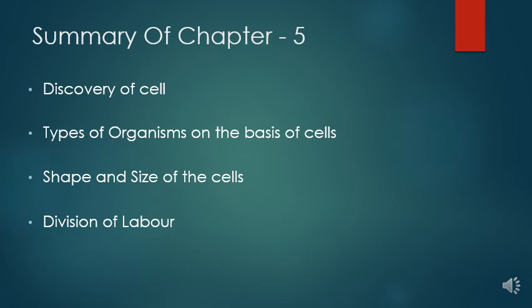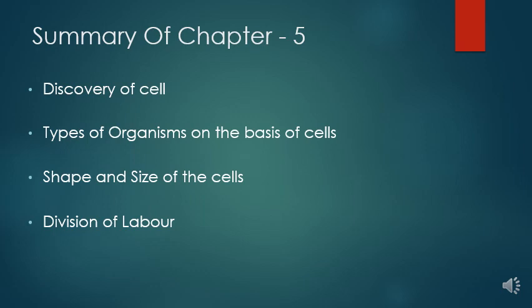We also discussed the types of organisms on the basis of the number of cells, like unicellular organisms and multicellular organisms. The unicellular organisms are made up of a single cell, which performs all the functions of the cell. For example, amoeba, paramecium, they have very simple body organization.